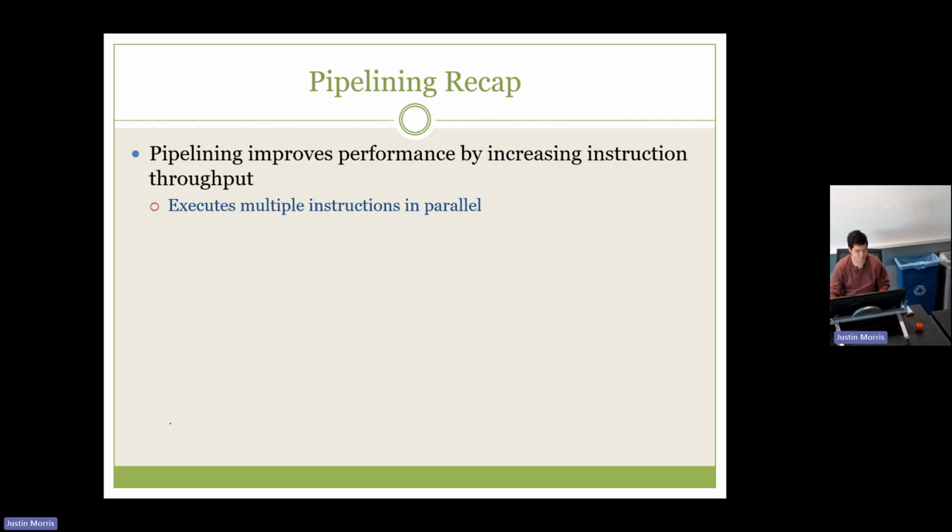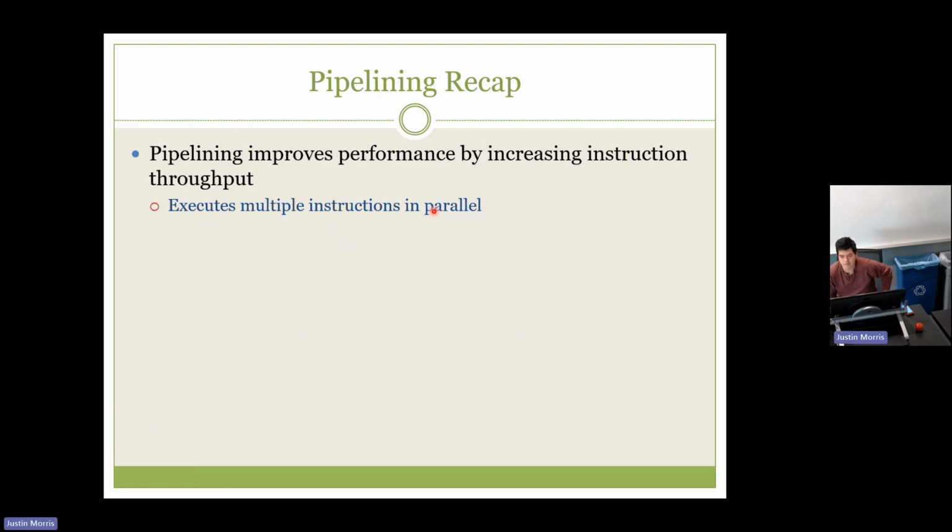Just as a recap, and so I don't write on this. Pipelining is improving performance by increasing instruction throughput, right? And we increase instruction throughput by executing multiple instructions in parallel. In a 5-stage pipeline, when we're fully utilized, how many instructions are we working on at the same time? Stages.